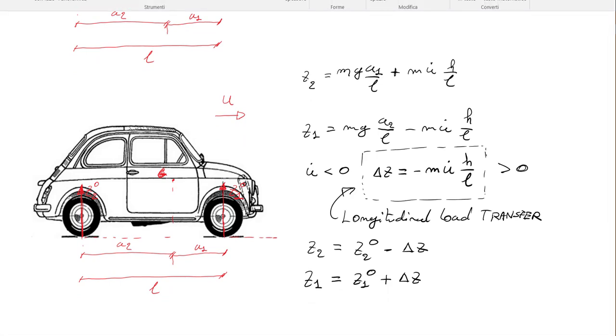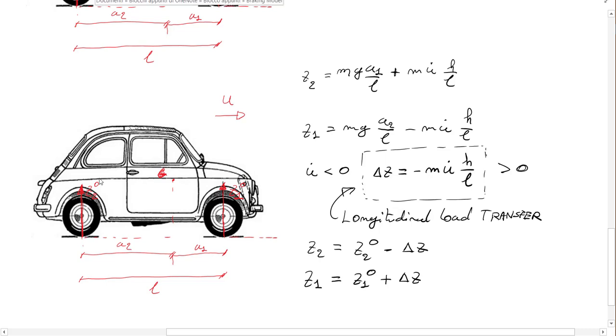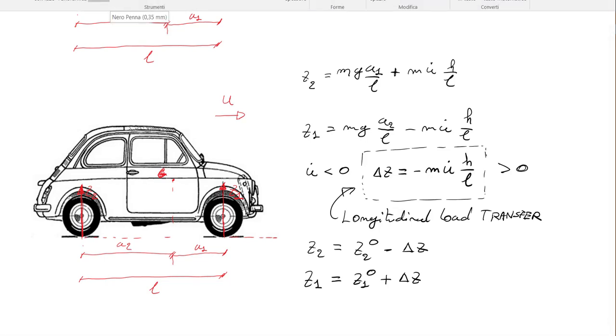Let's adjust it. During a general braking phase we have a force a little higher on the front, Z1 0 plus delta Z, and delta Z is positive. Z2 will be a little below the static load force.